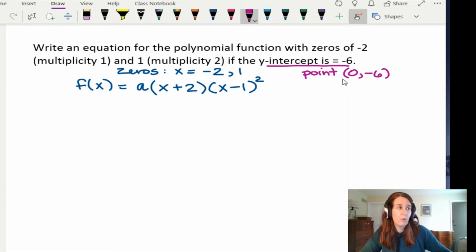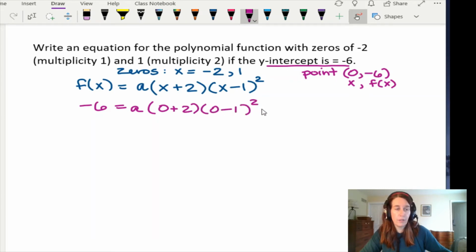Okay, so that means we can plug in 0 for x and -6 for y, or f of x. Okay, so let's do that. So f of x is -6 equals a times (0 plus 2) times (0 minus 1) squared. Okay, notice that our only variable is a, so now we can find that leading coefficient.